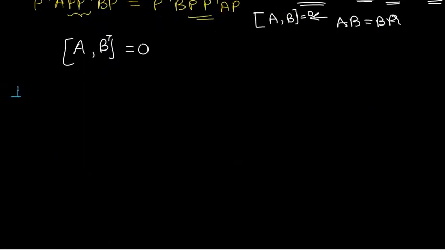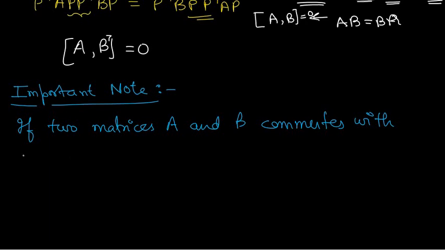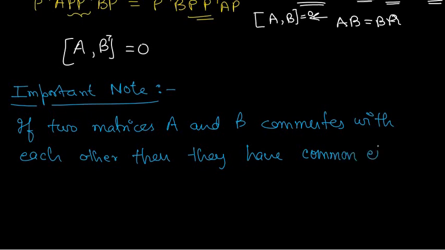So from here, this is an important note which you all can write here, that if two matrices A and B commute with each other, then they have a common eigenvector.